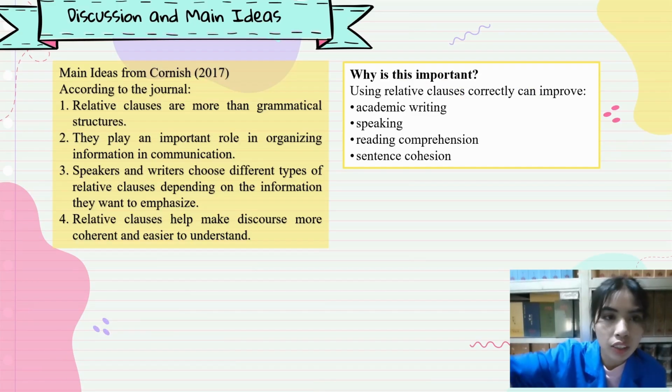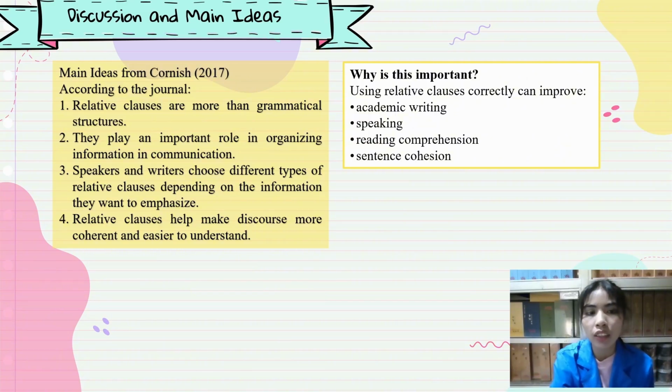Okay, next we discuss the main idea. The main idea, according to the journal by Francis Cornish, is that relative clauses are not only grammar structures but also help organize information in communication. They make sentences more precise and help readers understand the intended meaning more easily. Why is this important?